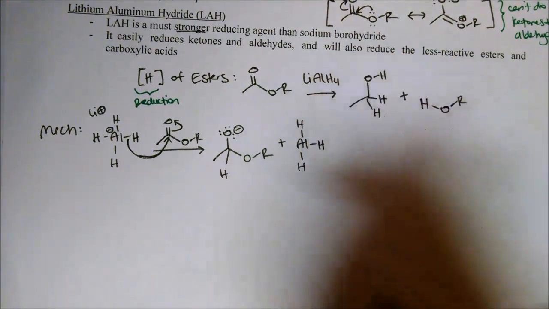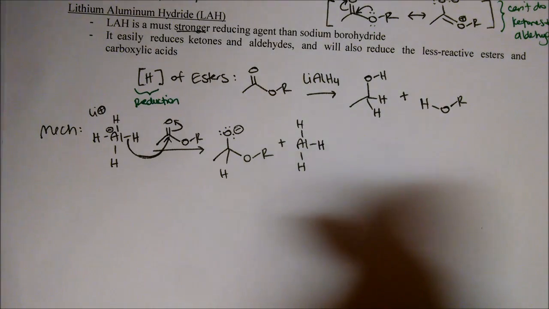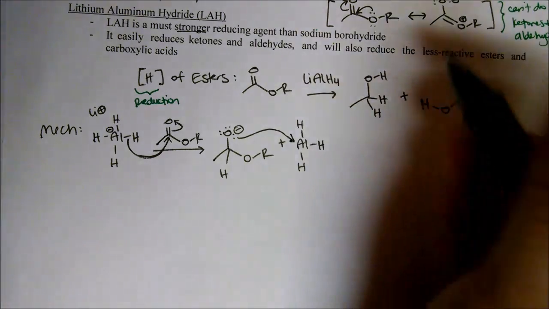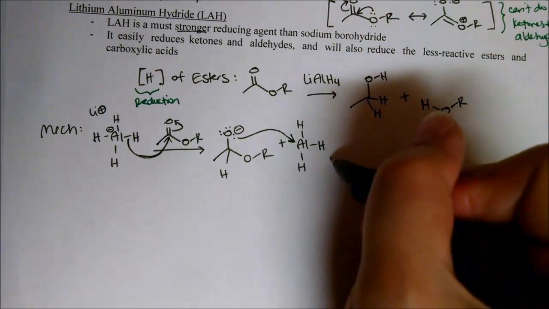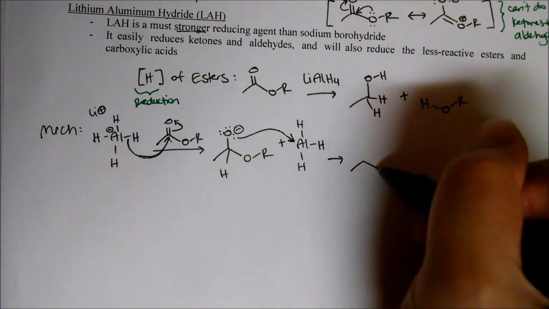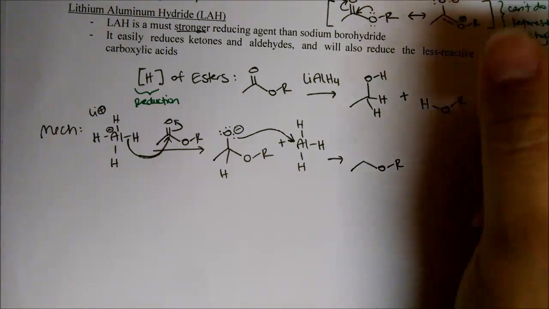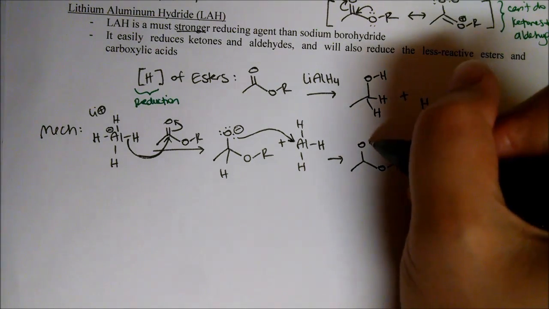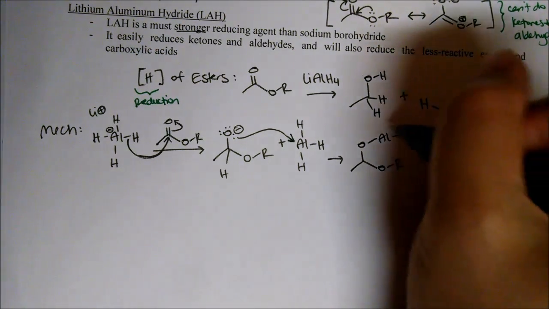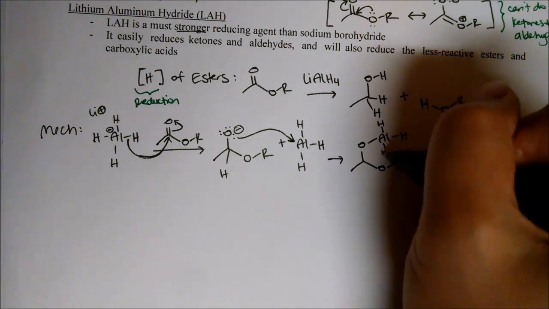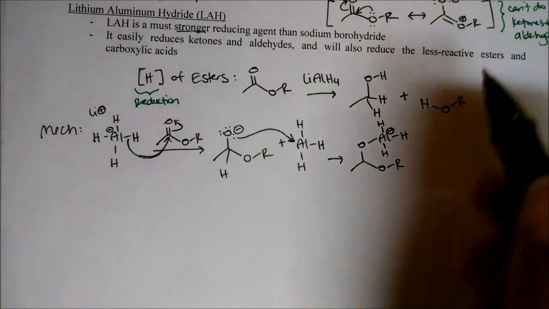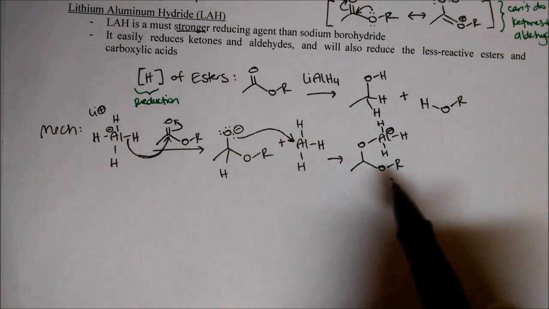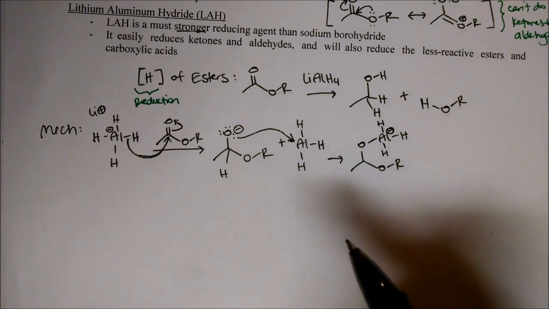Now we have our H and our aluminum, which is now a good Lewis acid. It now wants electrons. Again, it's never happy, so it accepts electrons from our nucleophilic O-. This is where the mechanism gets a little bit different. Before, we would go and deliver another hydride to another carbonyl, but this OR group is somewhat unstable.